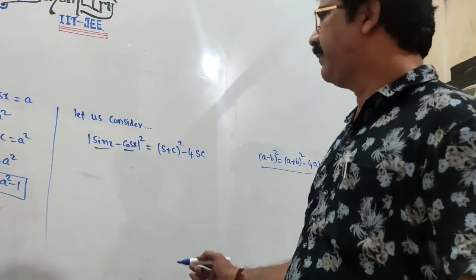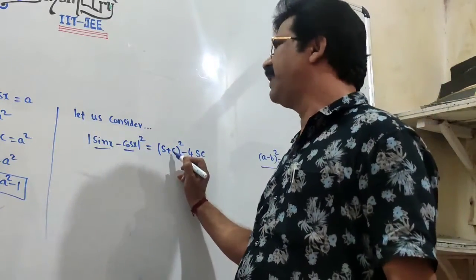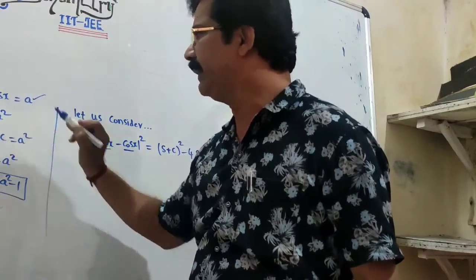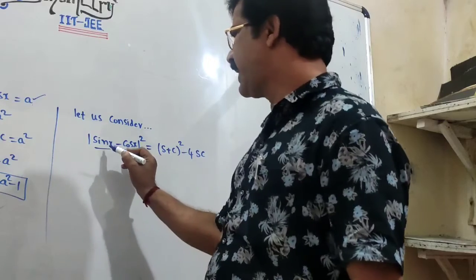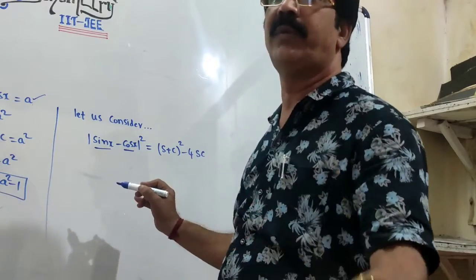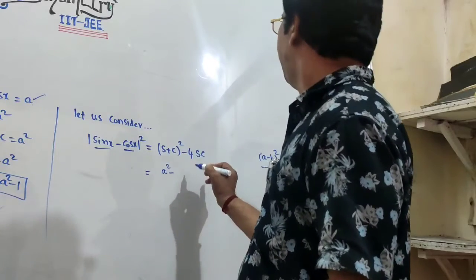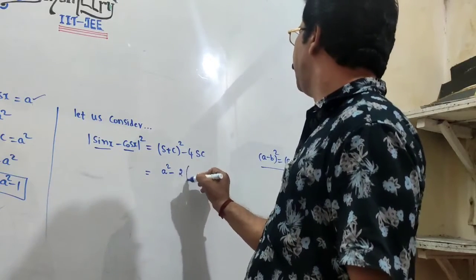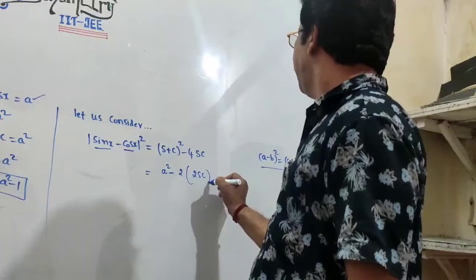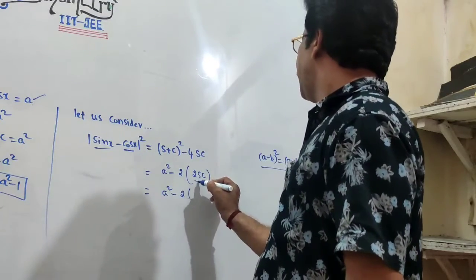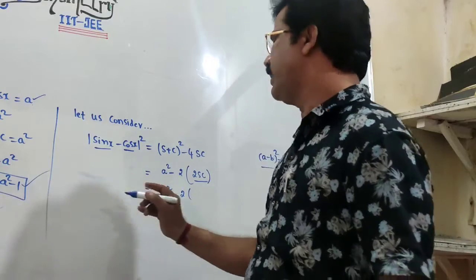Sir, what is the need of expressing this minus in terms of plus? Already we had sin plus cos equal to a. Therefore, we are trying to express this value in terms of known values. So that is equal to a square minus 4 sin x cos x, which is 2 into 2 sin x cos x. So a square minus 2 into (a square minus 1).